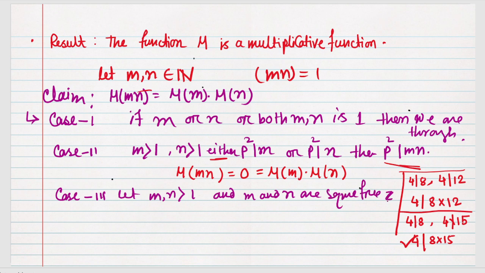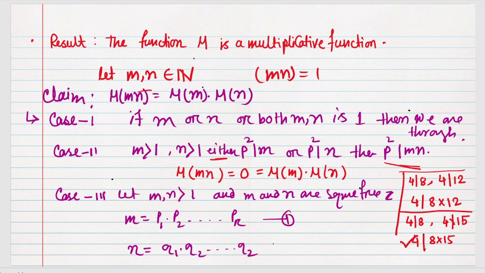That means we can write m as the product p1, p2 up to pr, the prime factorization of m, and n equals q1, q2 and so on up to qs.